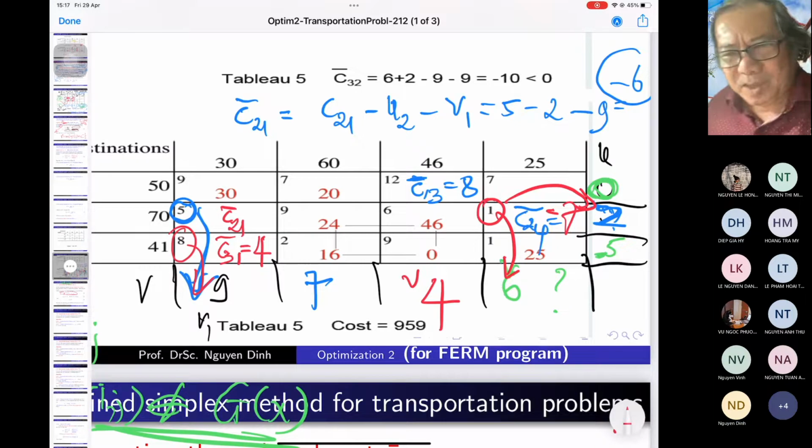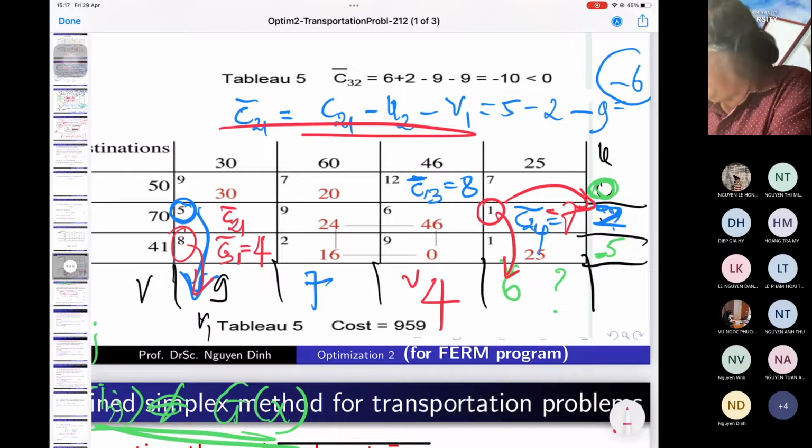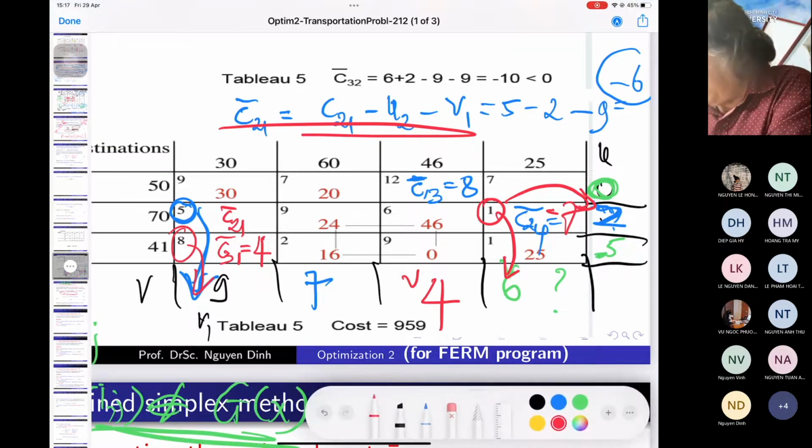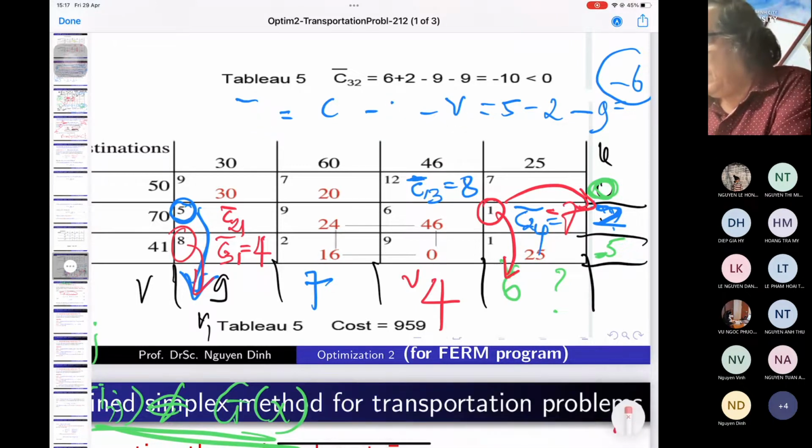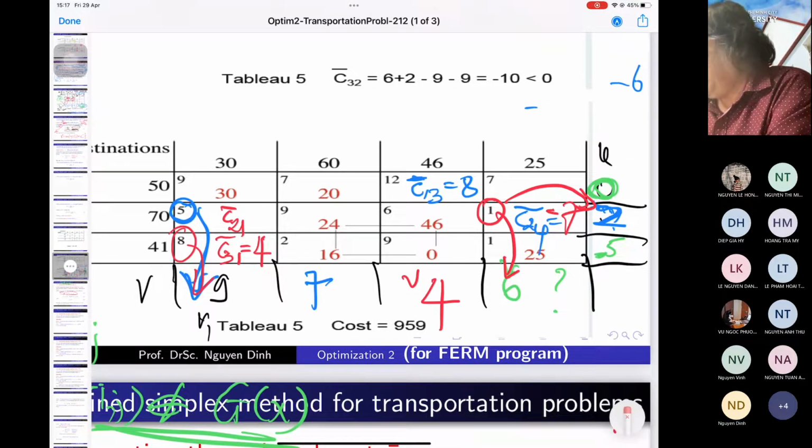So with this way, you can find out ui and vj. With ui and vj, you use the formula: with ij does not belong to gx, C bar ij equals Cij minus ui minus vj. That's okay. But now I ask you this question. Forget the C bar ij. First of all, just find out the ui and vj.